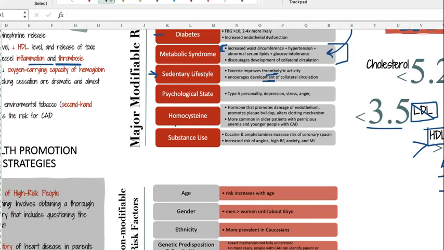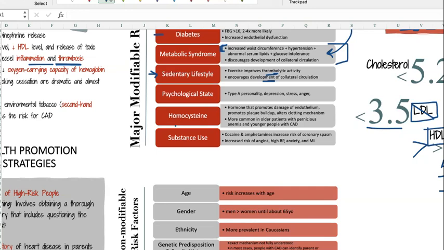An increase in homocysteine levels damages the endothelium, promotes plaque buildup, and alters clotting and increases clotting. And there's a relationship between homocysteine levels and B complex vitamins, so B6, B12, and folic acid. As your B12 goes up, your homocysteine goes down. So they have this counteractive relationship.